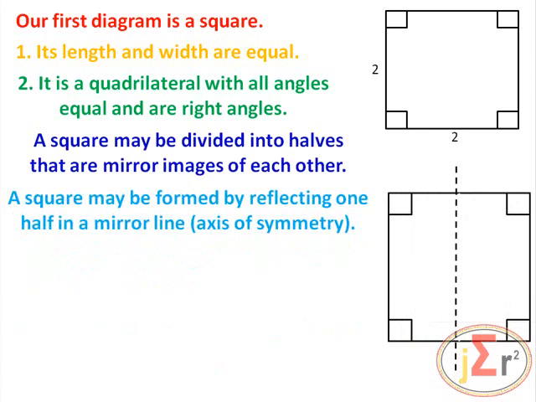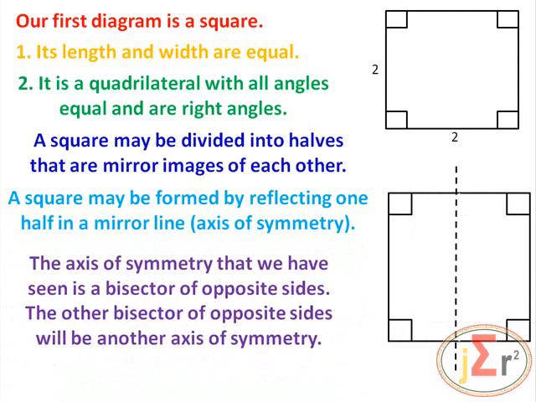A square may be formed by reflecting half in a mirror line, which is called the axis of symmetry. The axis of symmetry that we have seen is a bisector of opposite sides.